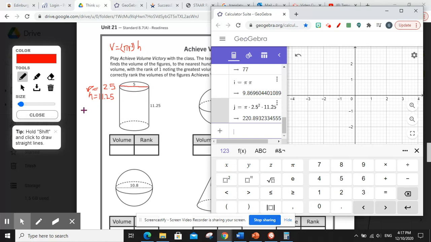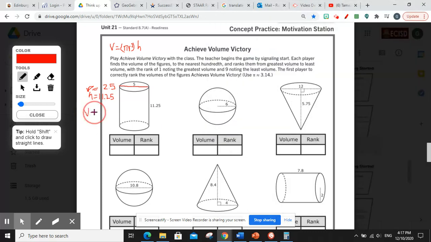I get a volume of 220.89. So I'm going to go ahead and just round it to the nearest hundredth because that's what they want us to do. So 893, so it's just going to stay 89. So it's going to be V equals 220.89.